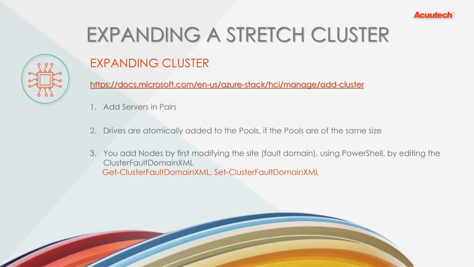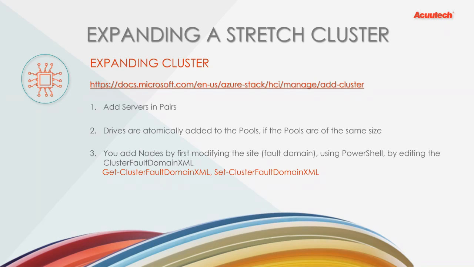But in essence, you would edit the existing cluster fault domain XML file. You would add the two new servers, one for each site, and then you would apply that configuration to the cluster fault domain. And then you would simply add those servers to the cluster.